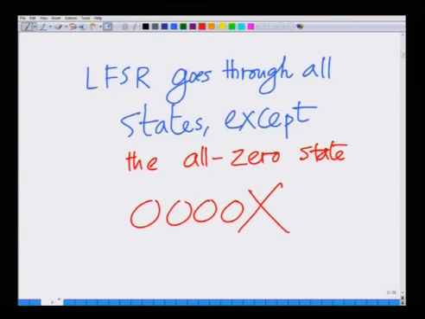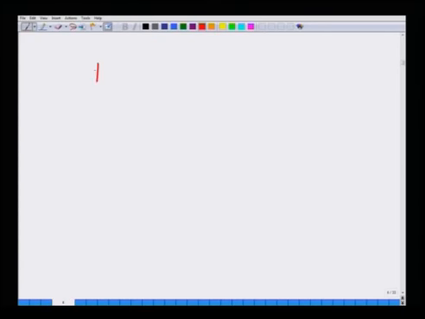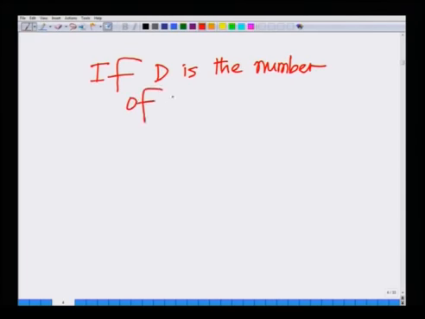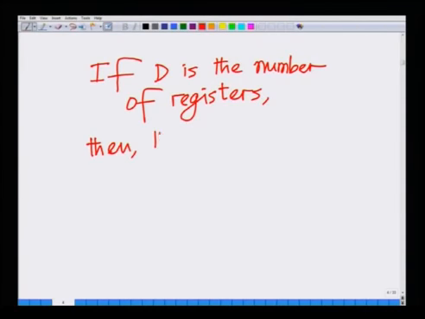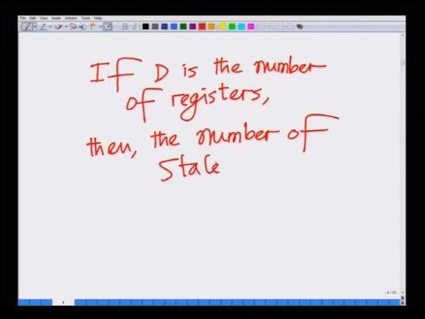So if D is the number of registers in the LFSR, then the number of states is 2 power D minus 1.